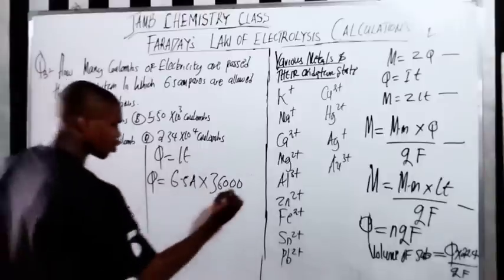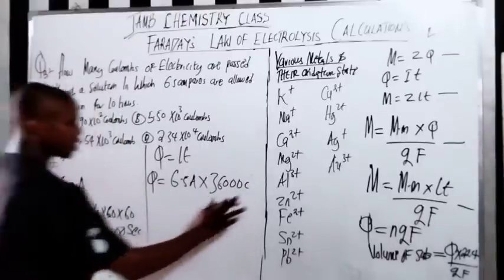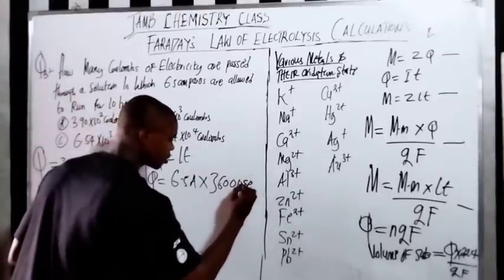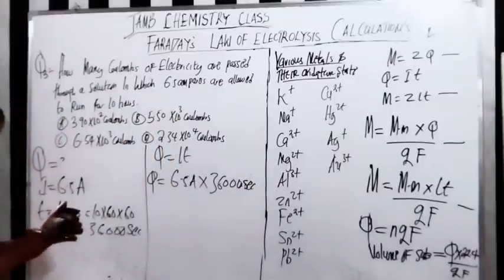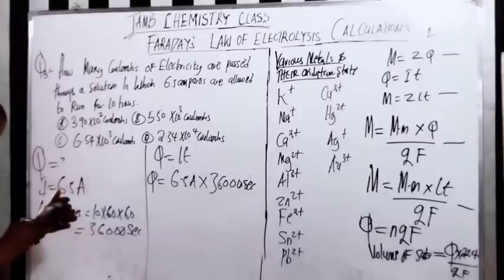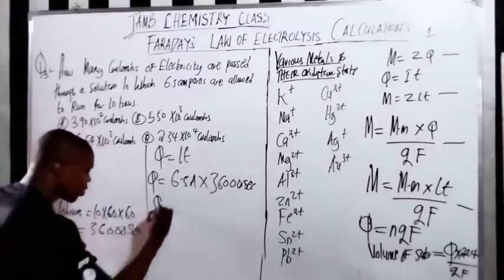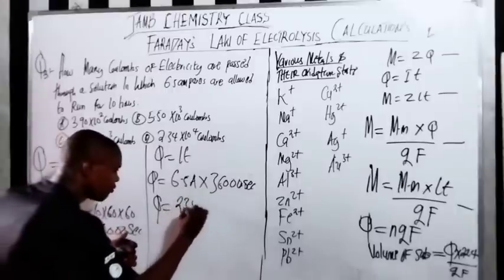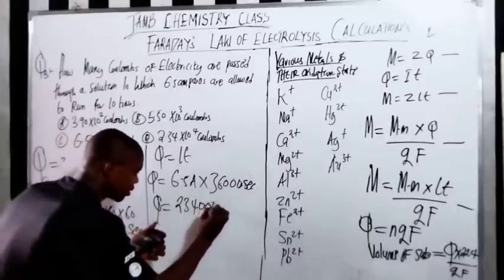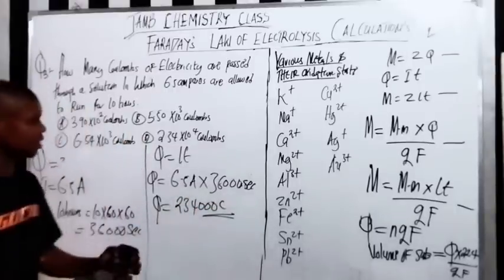So that is it, in coulombs. It will be 6.5 times 36,000. My Q is going to be 234,000 coulombs. That is the answer here.